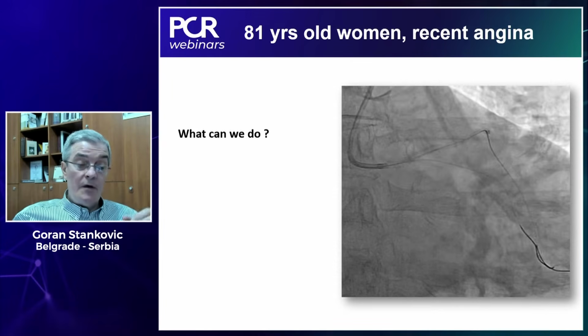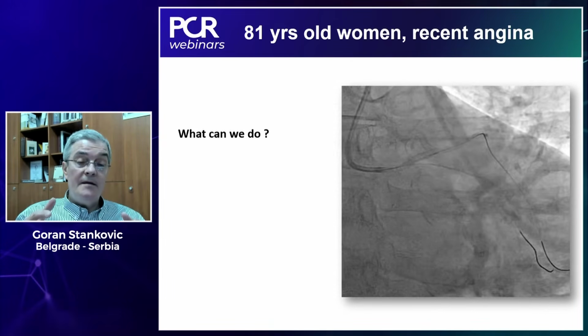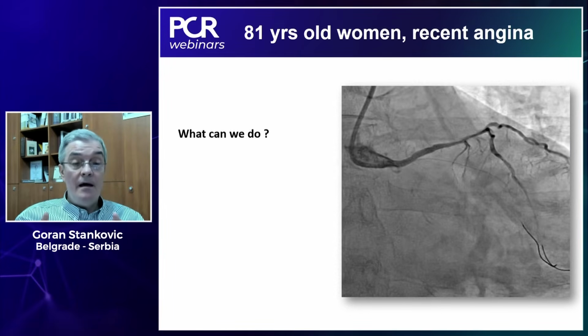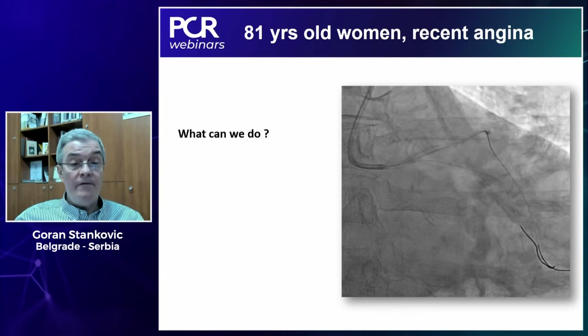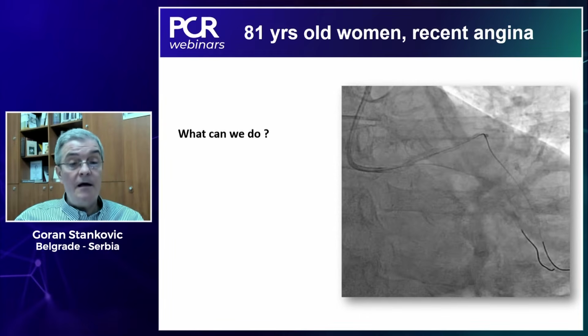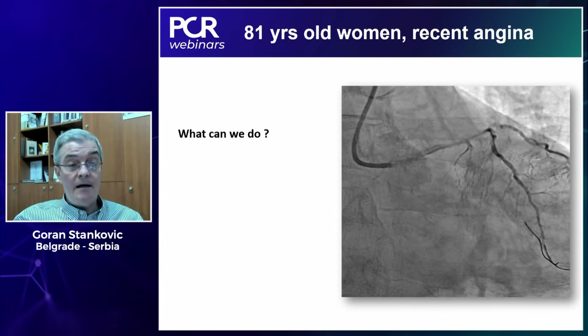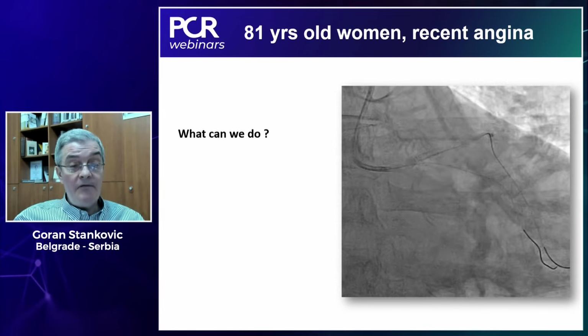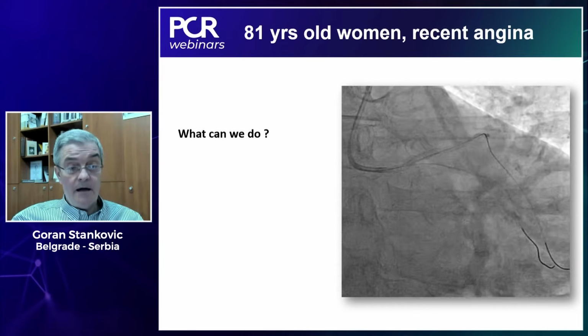Hopefully, by doing POT, you actually open the struts in front of the ostium of the circ, and you may provide some flow, visualize the ostium of the circ, and if the patient's clinical presentation is stable, this gives you some time after POT to try to rewire.